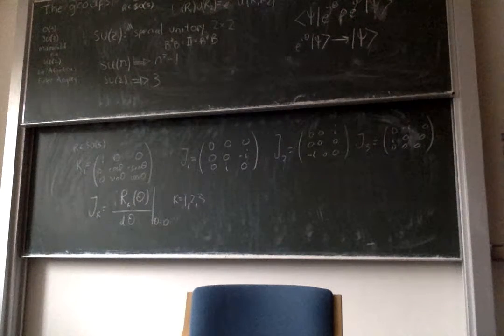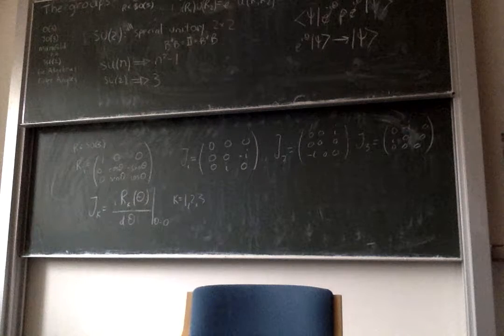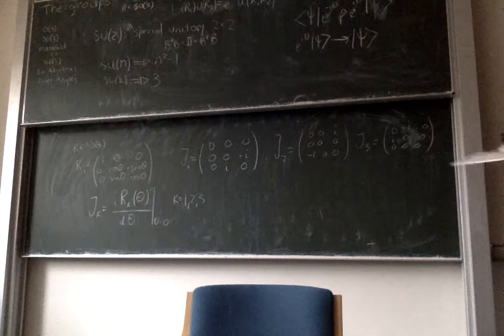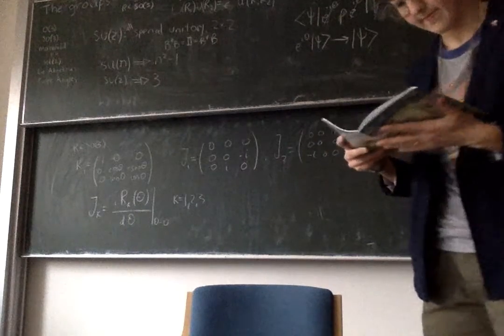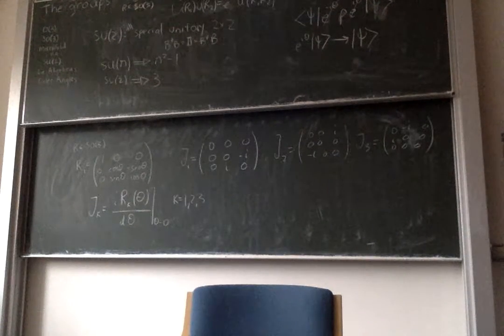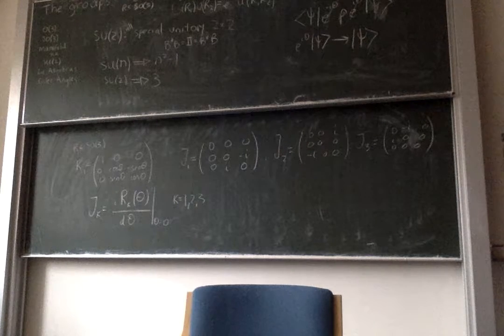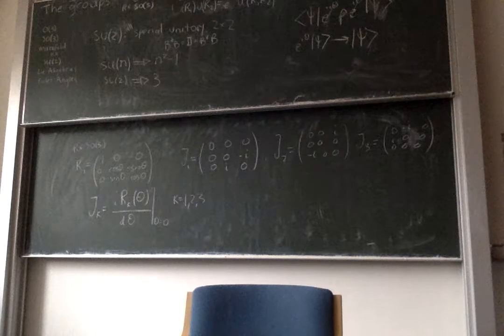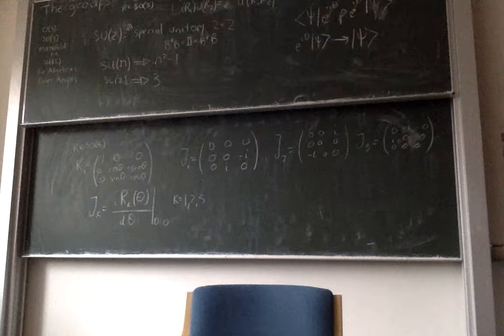Where have I done that? In here. And I'll just show that to you because this is really long and convoluted. So, finding basis vectors for the algebra of SU2.